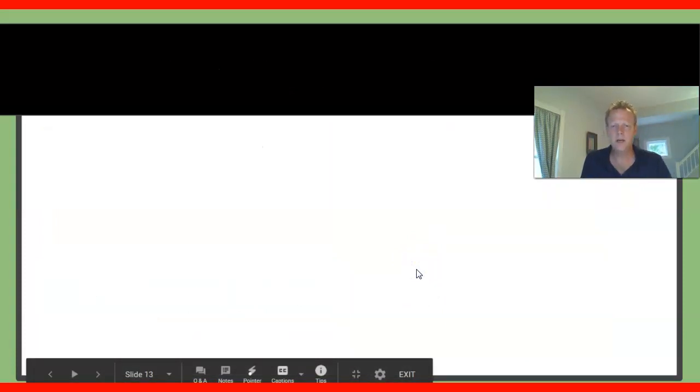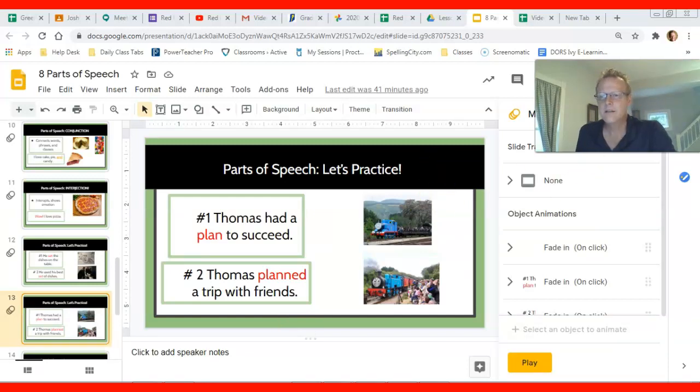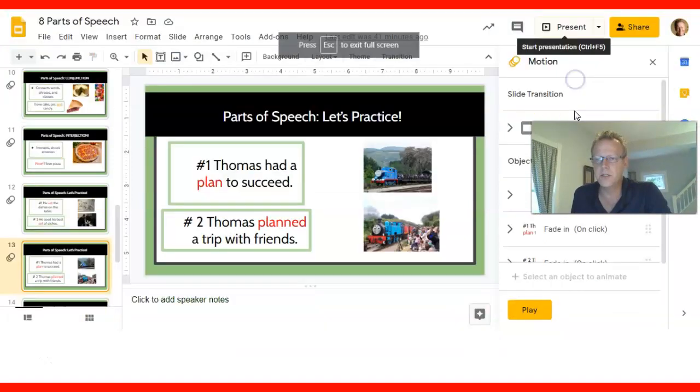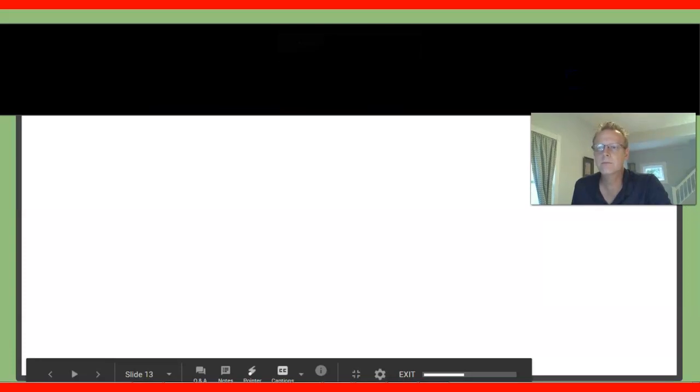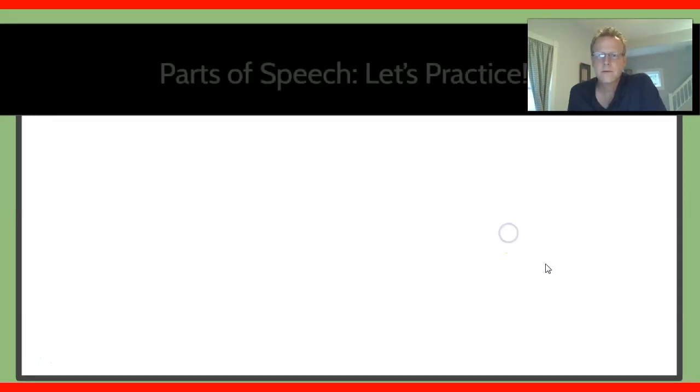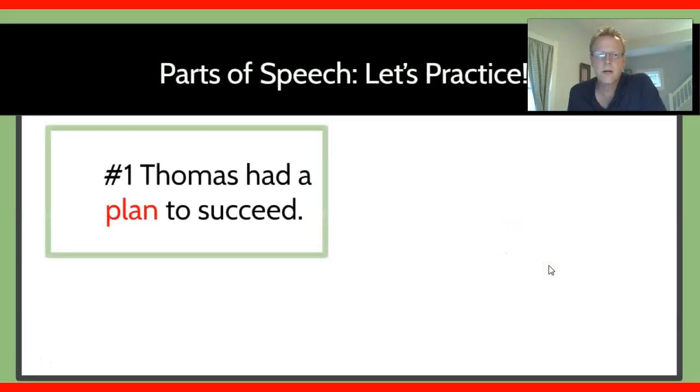Let's take another look at 2 sentences. Let me bring the presentation up here. Thomas had a plan to succeed. We're looking at the word plan.